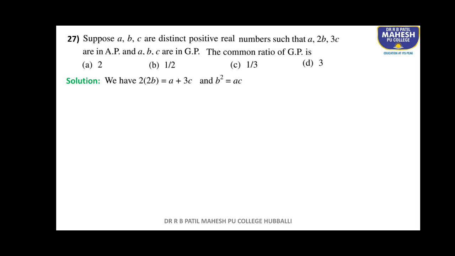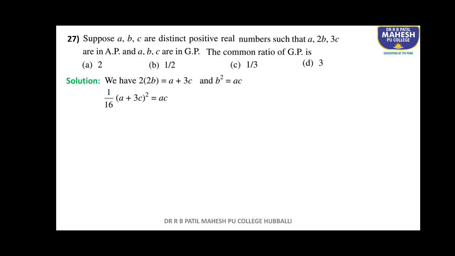Now we consider the first equation, 2 into 2b is equal to a plus 3c. Here we can square on both sides. We have (4b) whole square, that is 16b square, equal to (a plus 3c) whole square. Therefore we can write 1 by 16 into (a plus 3c) whole square is equal to ac, because b square is equal to ac.